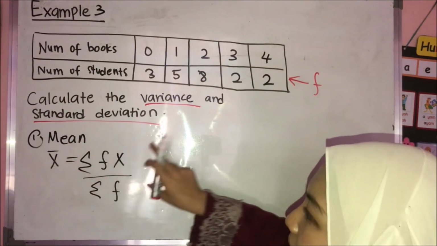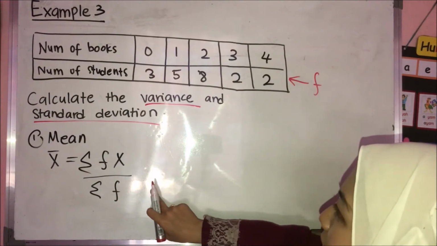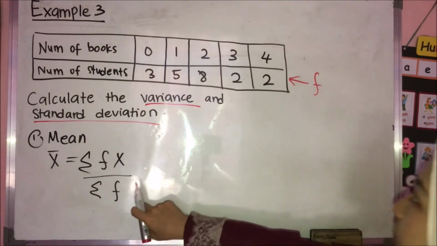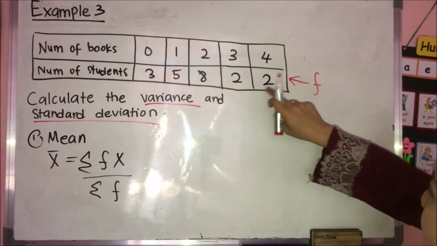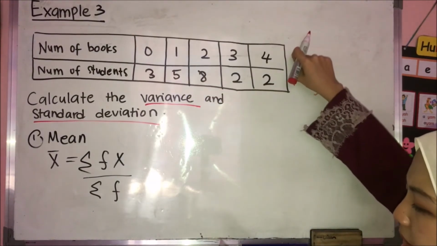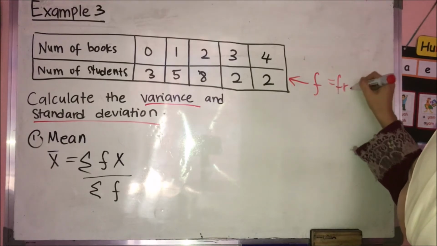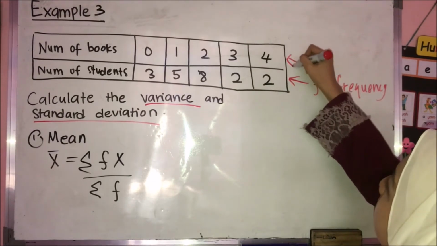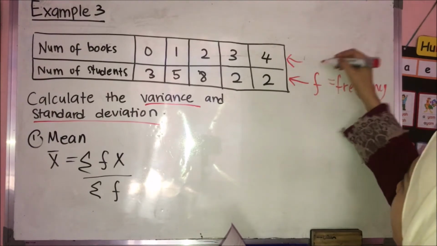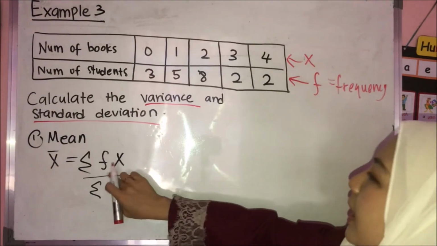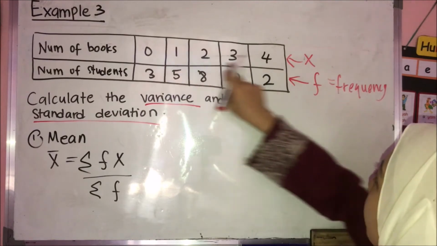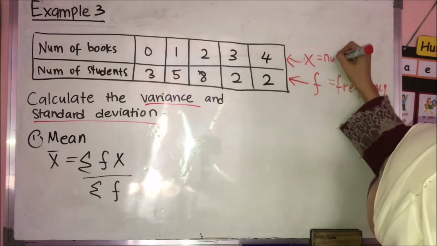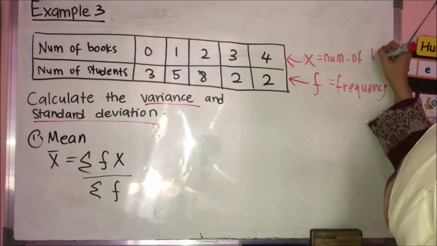Mean is just the same, but it just uses frequency. This one is frequency, and this one, the number of books, is X. Okay, F is frequency, number of books is X. X is the number of data.